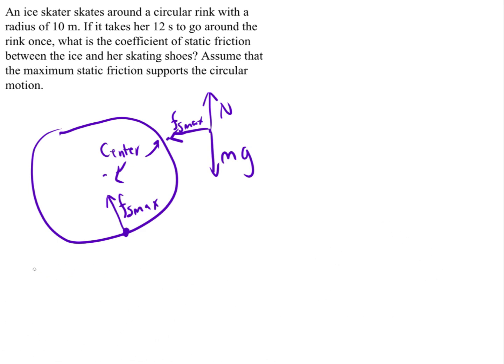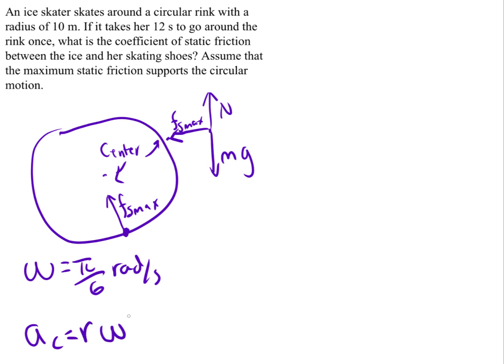So the angular velocity is pi over 6 radians per second. Now, we also know that the centripetal acceleration, or radial acceleration, is equal to the radius times the angular velocity squared.